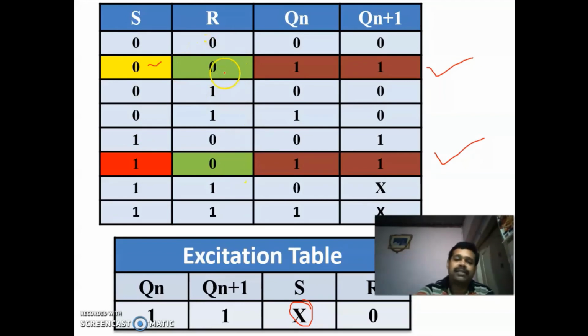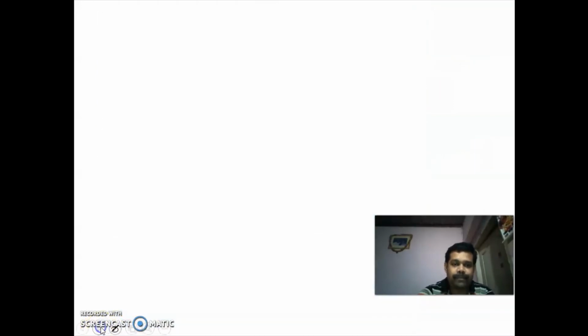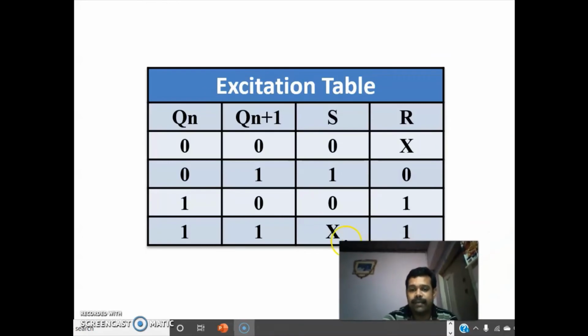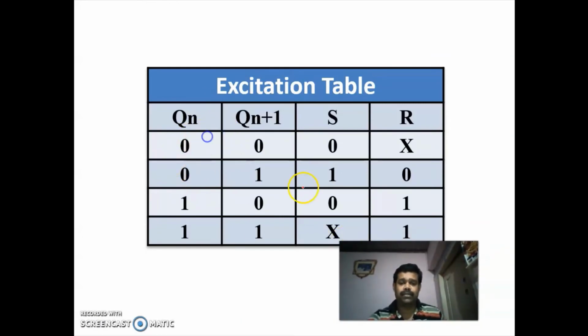Similarly the value of R is the same in both the places, so we are putting 0. Now we are combining this and writing the actual excitation table. This is the actual excitation table. Here it will be 0 0 gives 0 X, 0 1 gives 1 0, 1 0 gives 0 1, and 1 1 gives X 0. I have told you how to find this.